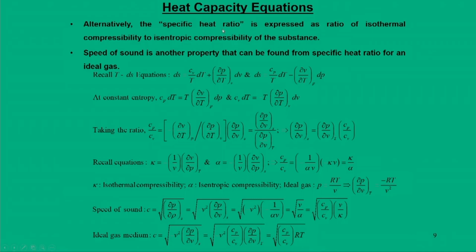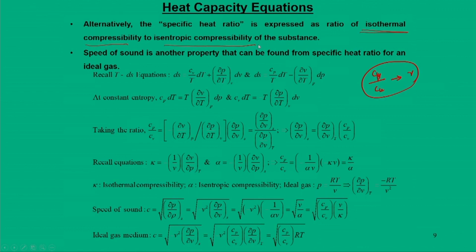Now, another important term we are all aware of is the specific heat ratio, Cp by Cv, which is equal to gamma. This ratio we are trying to express in the form of isothermal compressibility to isentropic compressibility for a pure substance. Let us see how we are going to do that.